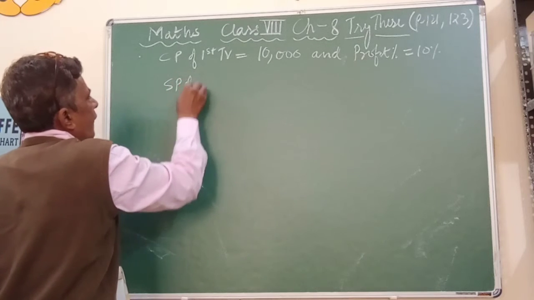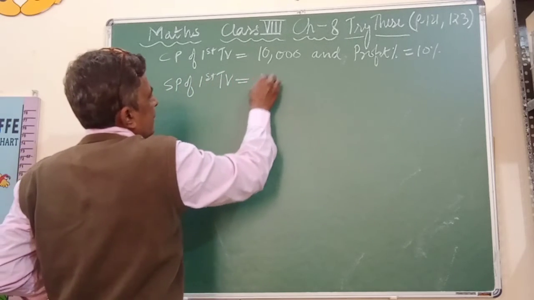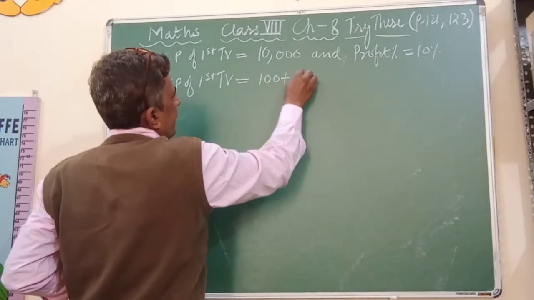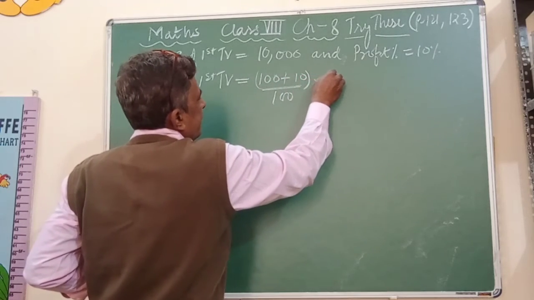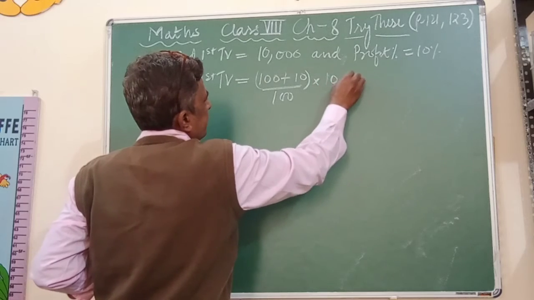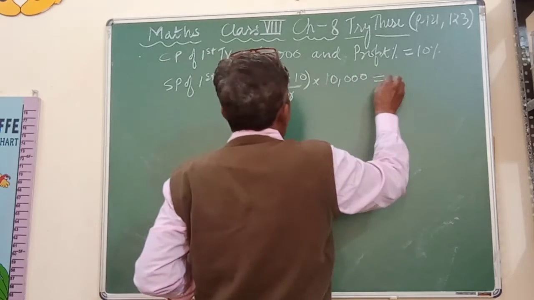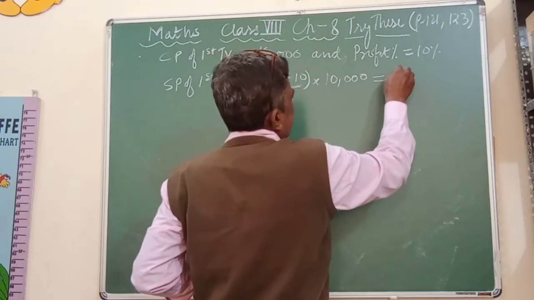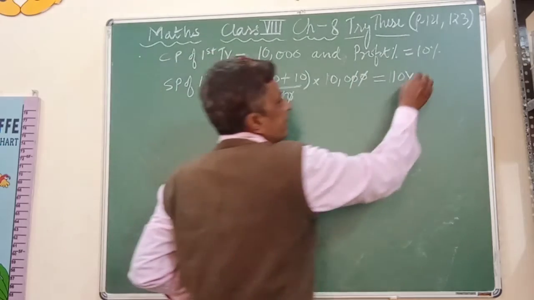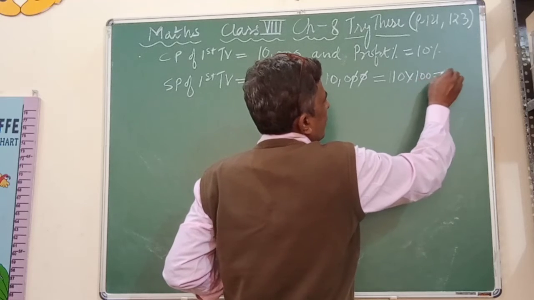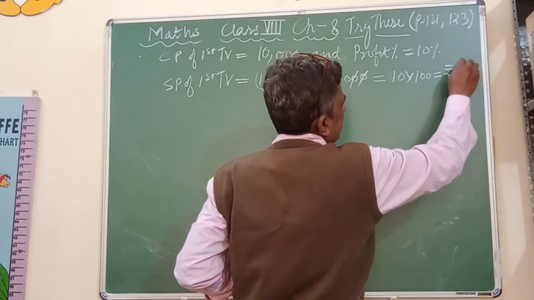SP of the first TV is, the formula is 100 plus profit percent upon 100 into CP. CP is 10,000. We will cancel 2 zeros and we get 110 into 100. So the selling price of the first television is 11,000.